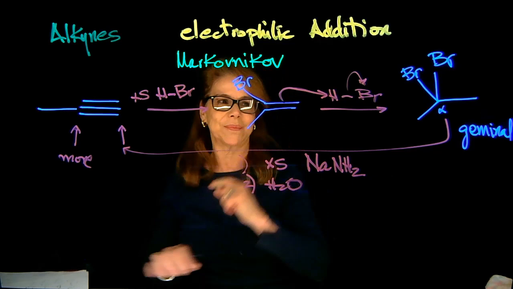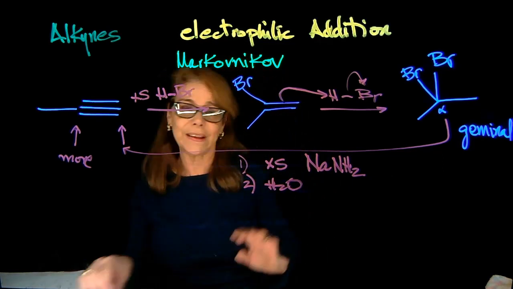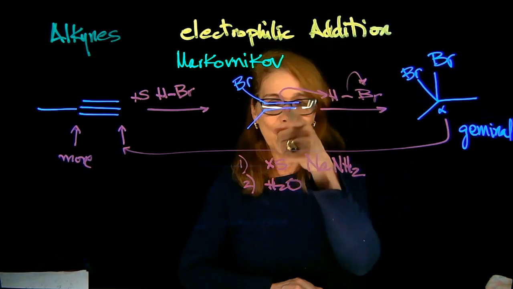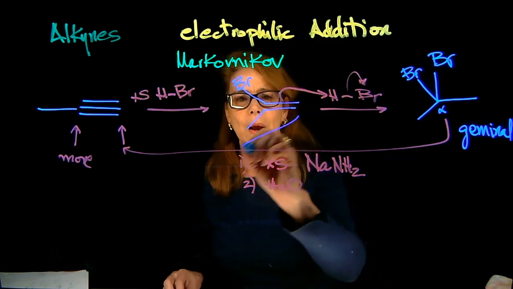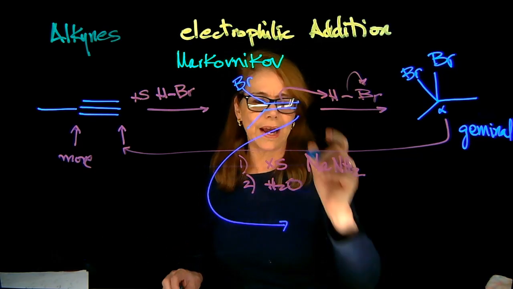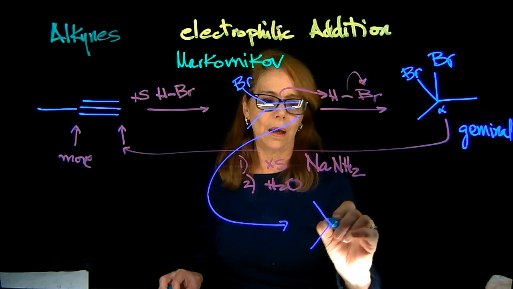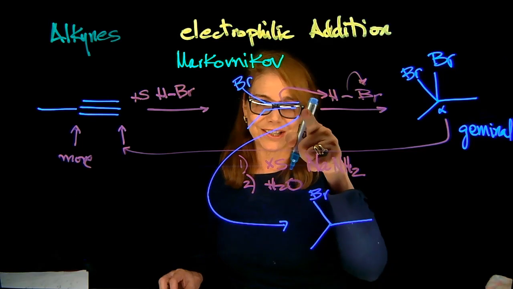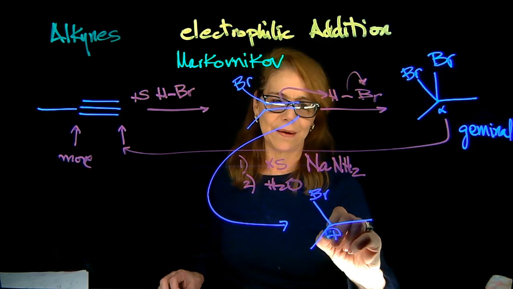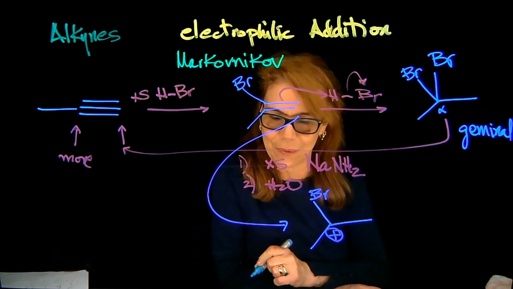Markovnikov fashion. Okay, here, by the way, the mechanism was not complete. When you do this step, let's remember what you form. When you attack here, it happens in Markovnikov fashion because when you add the H here, you will form a more stable carbocation that way.